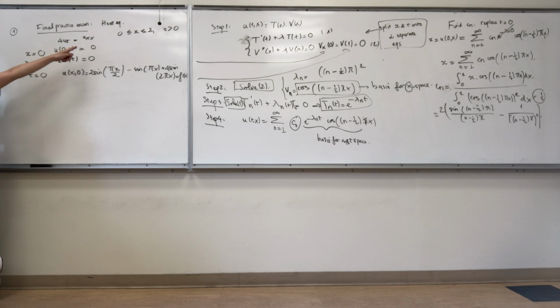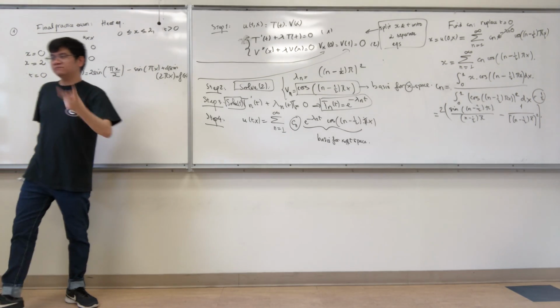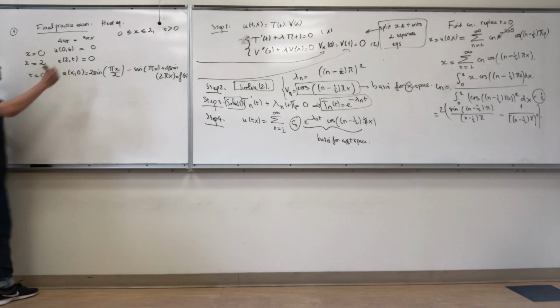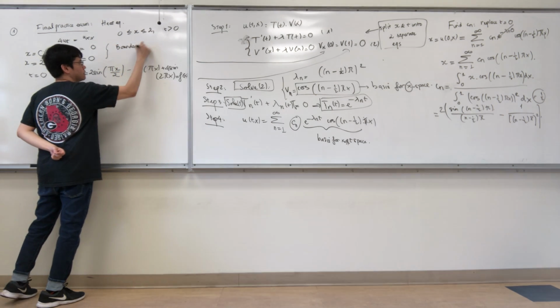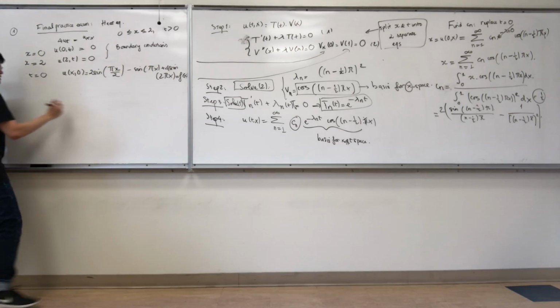This is the heat equation, because you have a first order and a second order derivative. Now x is considered from 0 to 2. You need two boundary conditions because you have a second derivative in x, right? So you have u(0,t) = 0, u(2,t) = 0. This is the boundary condition. And this is the initial condition.